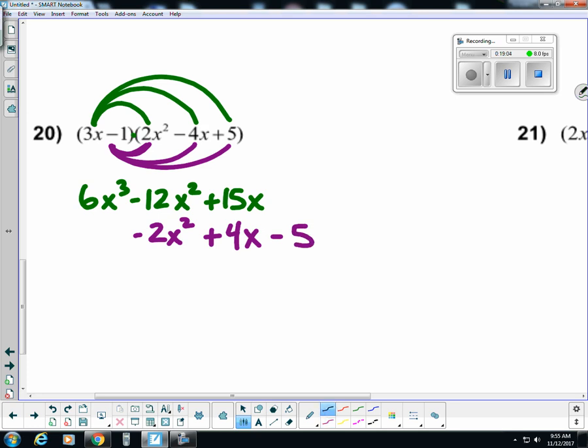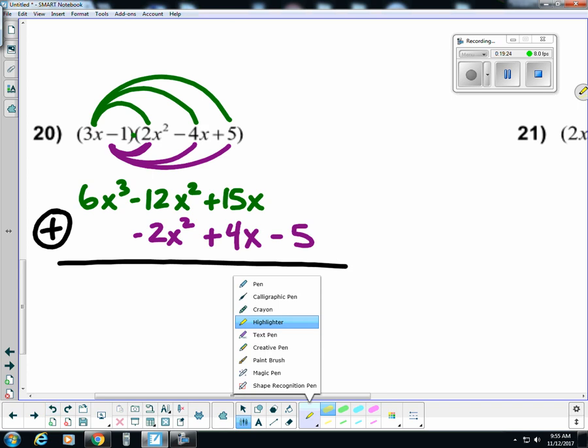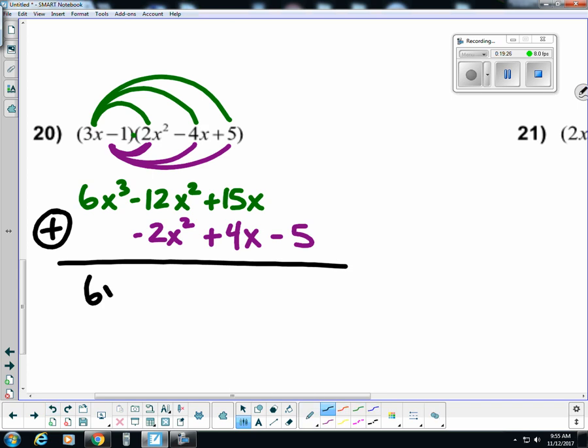Now, what this does for you is it visually sets up the terms that you need to add together. And you do it column by column. So this first column, 6x cubed plus, there's nothing there, so you don't add anything. You keep it. So this is 6x cubed.